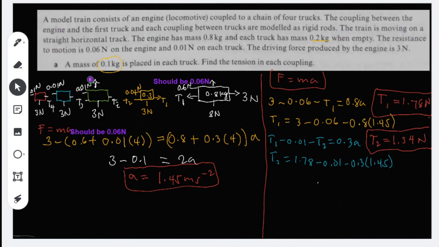For the third one, we're going to have T sub 2 minus 0.01 minus the T sub 3, and that is equal to the same thing, 0.3a.